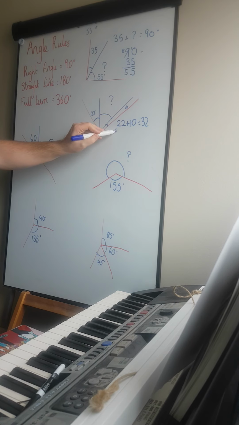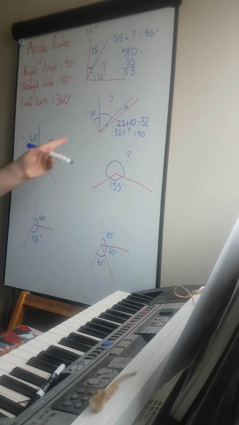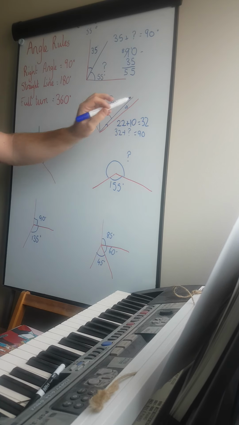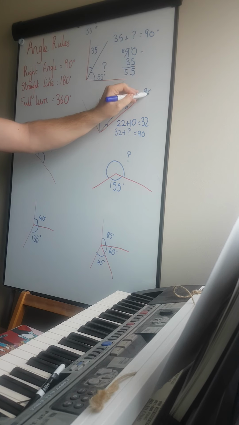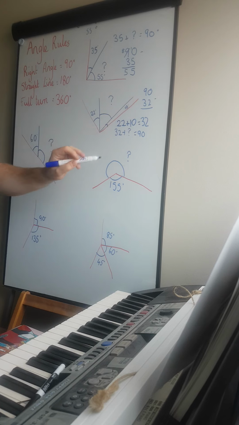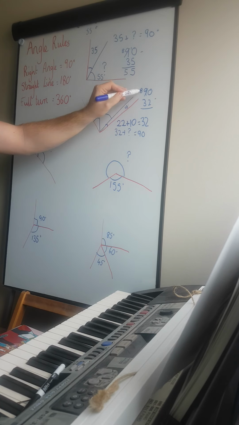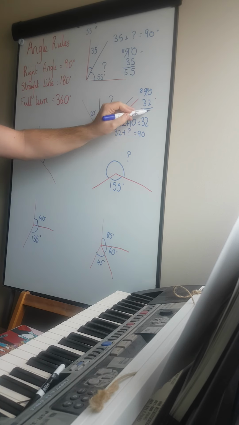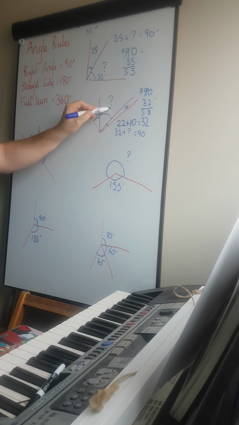So this time we've got 32 add something equals 90. Once again I'll do subtraction to work it out. 90 take away 32. We can't do that. 10 take away 2 is 8. 8 take away 3 is 5. So this one will be 58 degrees.